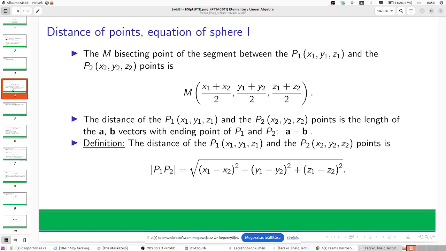This D is, just a moment, R2 minus R1, so I need a vector to add to R1 to get R2. This is the D vector, just remember.